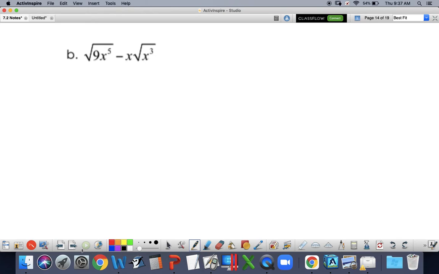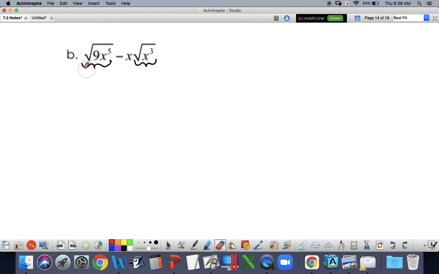Question letter B. I am doing some subtraction here, and if we remember from our last lecture, 7.2 part 1, in order to be able to do that subtraction, I need exactly the same radicals. And unfortunately, these radicals are not the same right now.